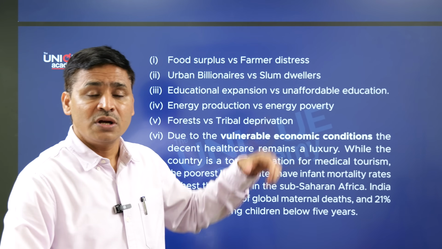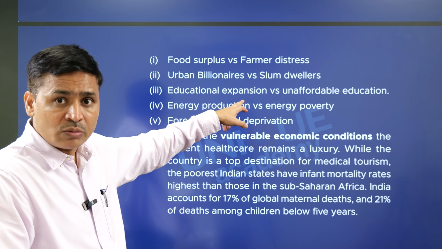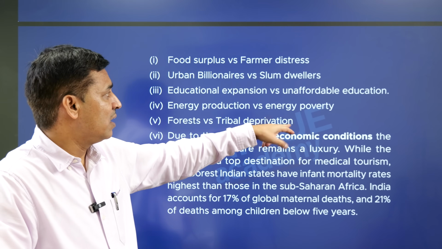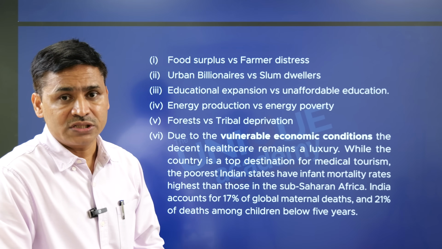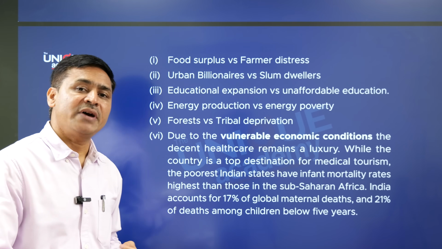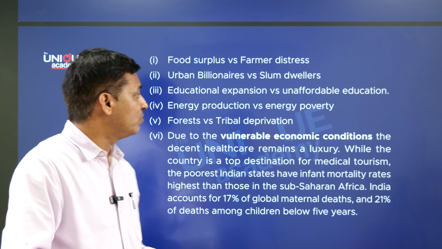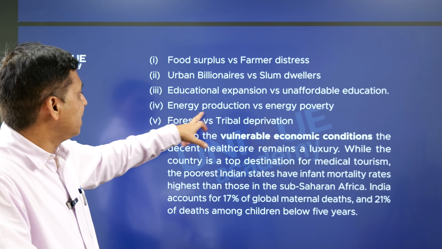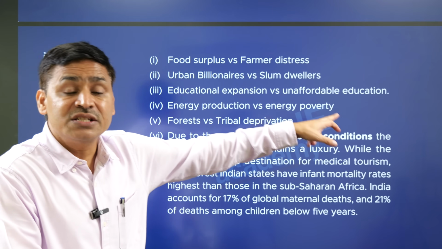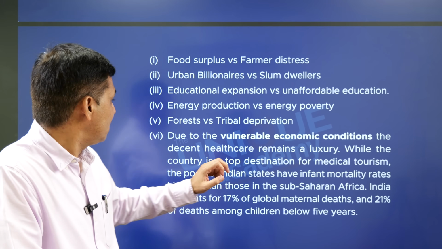That is also part of our life. Educational expansion, no doubt about that, but look at the other side, unaffordable education. And if you bring in the facet of equality, the facet of quality, then that issue becomes further complicated. Energy production versus energy poverty. Forest versus tribal deprivation.